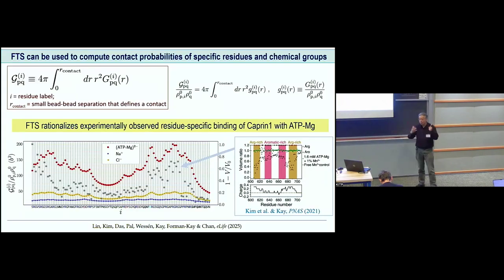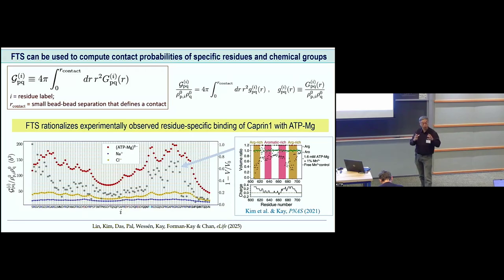Because we can calculate this pair correlation function, we can use FTS, field-theoretic simulation, to calculate contact probabilities, contact maps, and so on. Contact can be defined by integrating the pair correlation function over a small volume.